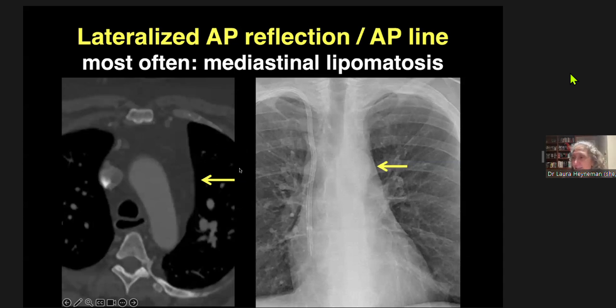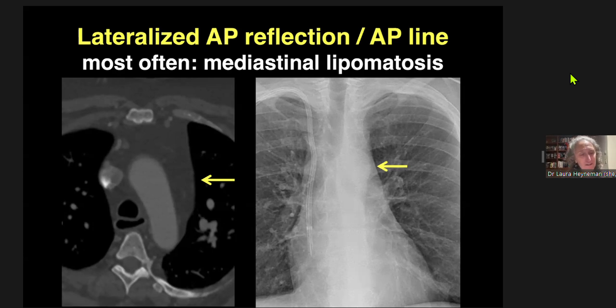Usually that is fat. In a huge percentage of people, that is fat. You get exuberant fatty deposition within the anterior mediastinum, and that interface between the lung and the anterior mediastinum projects lateral to the transverse aorta.